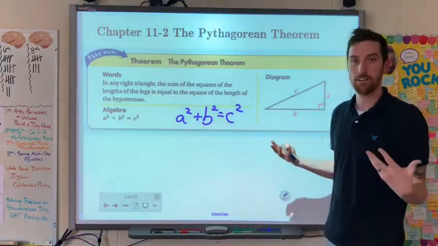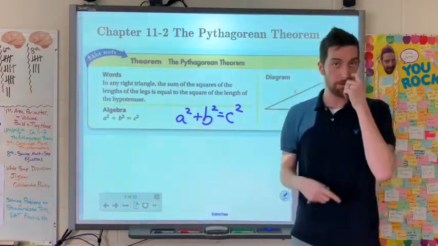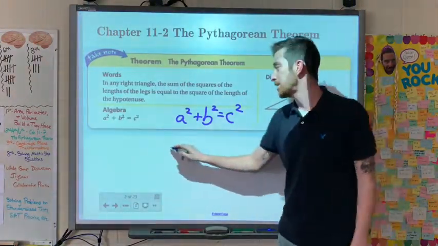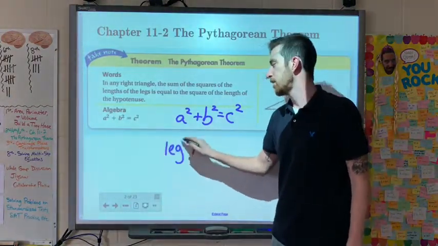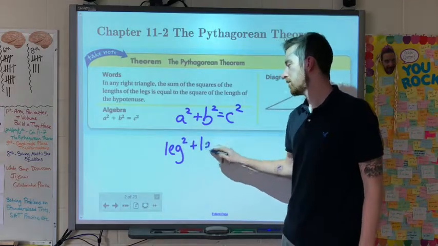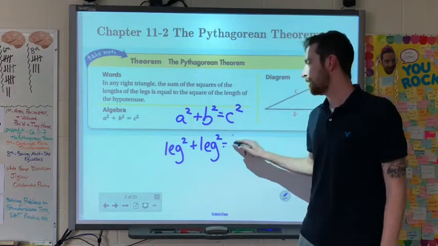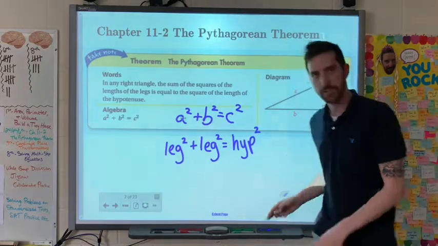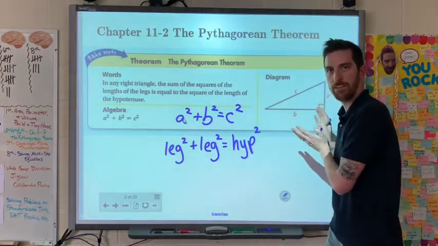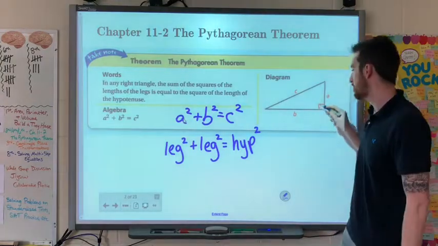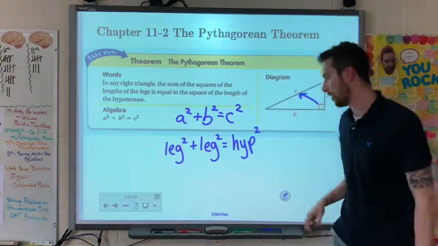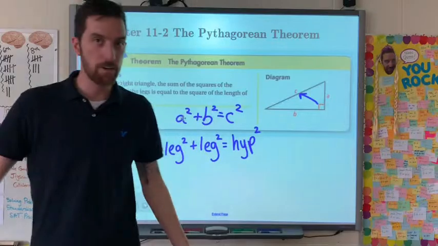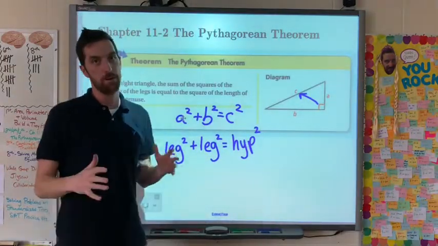A better equation that you should probably write down in your notes right now is leg squared plus leg squared equals hypotenuse squared. The legs are always the ones that form the 90-degree angle. The hypotenuse is always the one across from the angle. So leg squared plus leg squared equals hypotenuse squared.